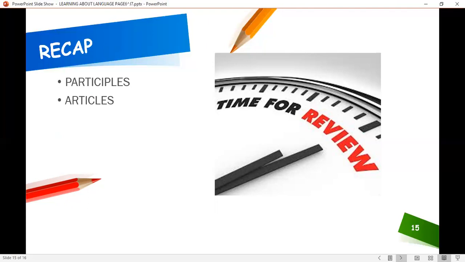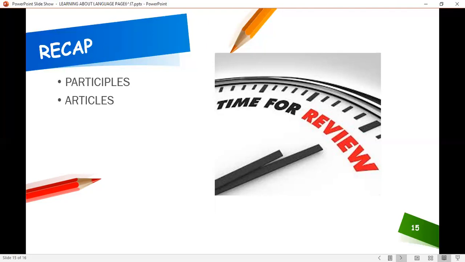What we have learned in articles is that articles are words that modify or describe a noun. It also shows whether a noun is referring to something specific or not.